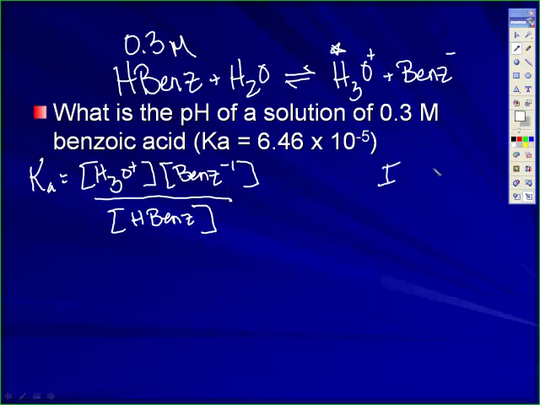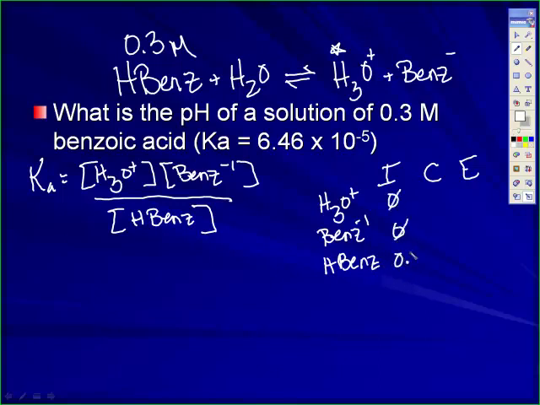So let's set up our ICE table again and do our H3O plus, our benz, and our H-benz. H3O plus to start with is nothing, benz is nothing. H-benz to start was 0.3. At equilibrium, H3O plus is going to be some amount X.